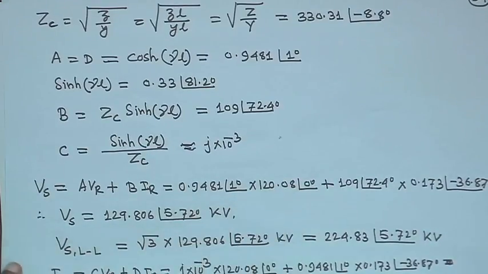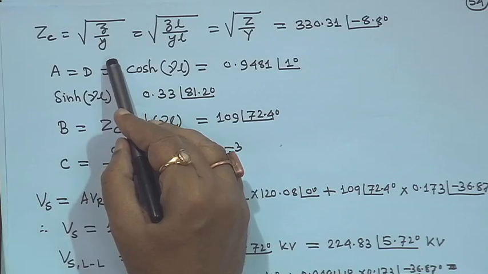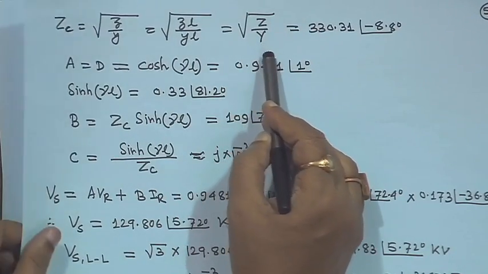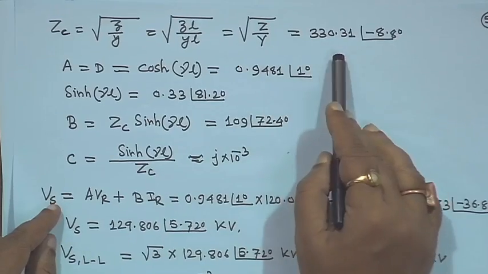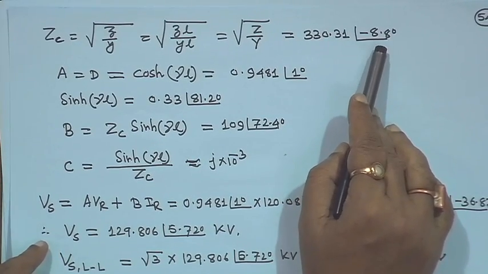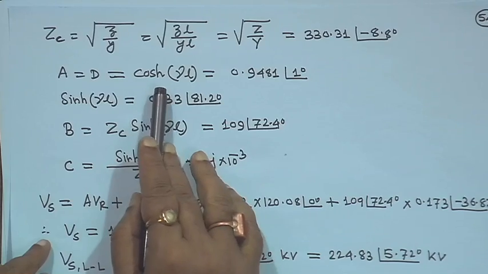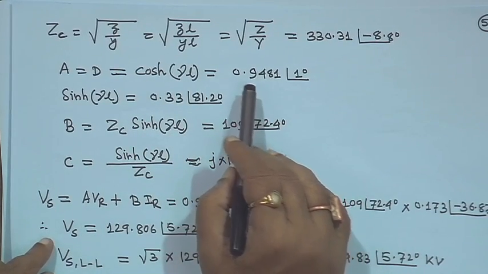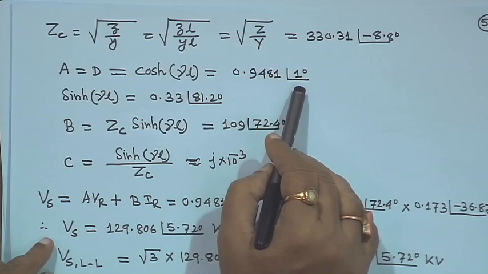So, ZC is equal to root over Z by Y, small z by small y is equal to root over capital Z by capital Y. This was also seen, you put Z and Y values, you will get 330.31 angle minus 8.8 degree. Now, A is equal to D is equal to cos hyperbolic gamma L, put all these values, you will get 0.9481 angle 1 degree.